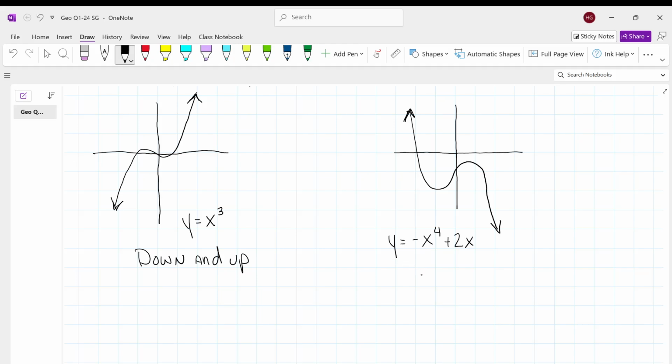We're going up. And moving to the right side of the graph, we're going down. So the description of this graph would be up and down. Everybody okay with that? Looking at the graph, describing the end behavior of the graph.